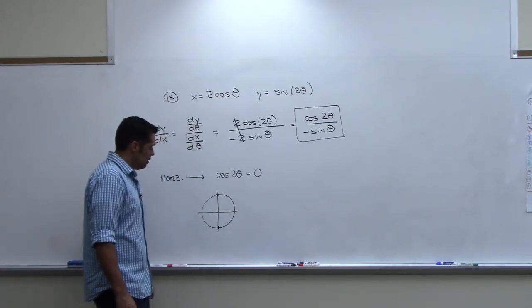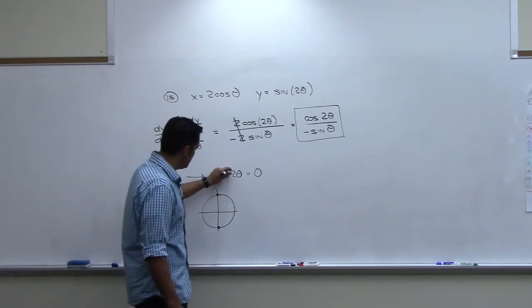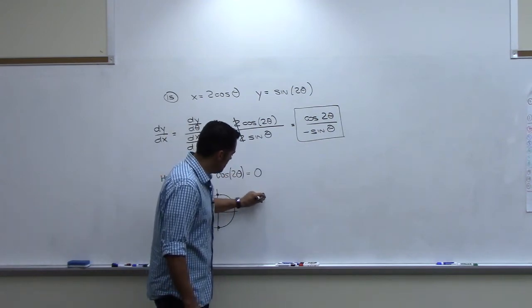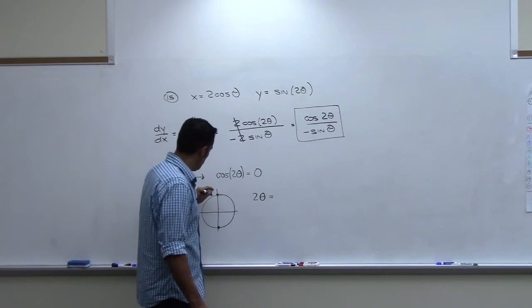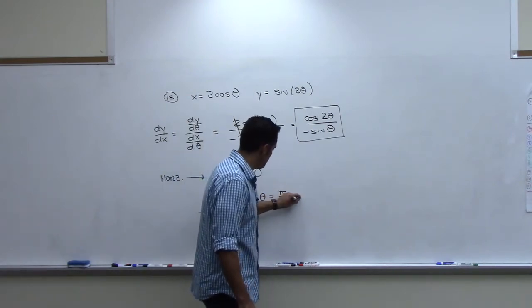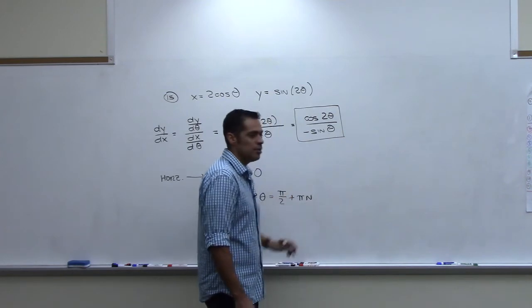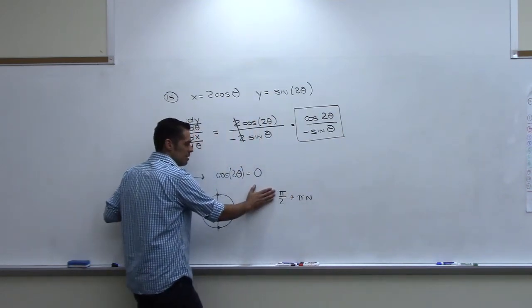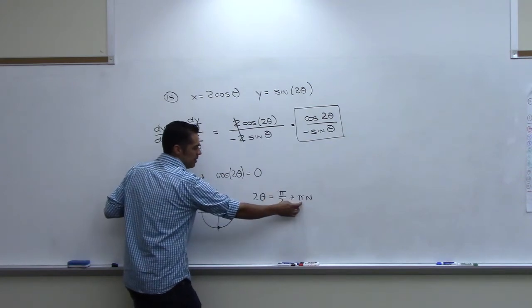Okay, so what we need is that the argument of this trig function, which is 2 theta, we need that 2 theta to be equal to pi over 2 plus pi n. Now we're getting that general solution. So pi over 2 plus pi n, we did that in class. I screwed it up in class because I put pi over 2 here.